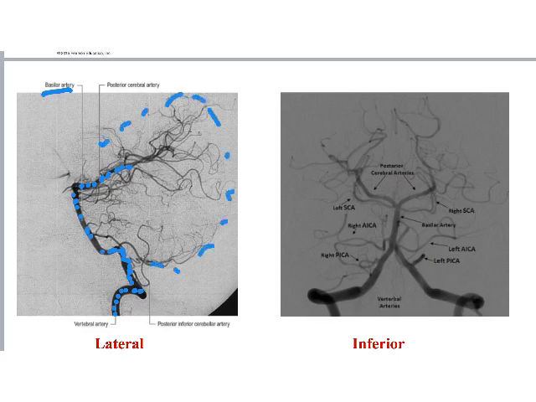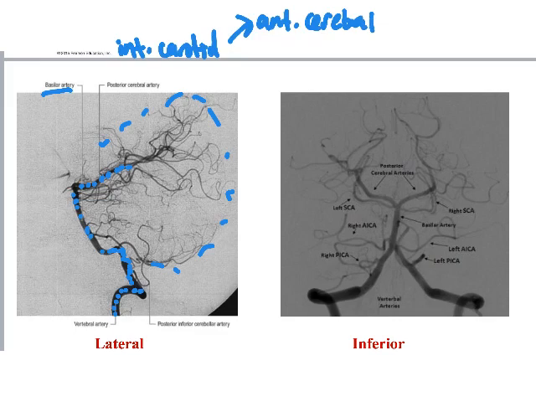All right, so I hope this doesn't sound too confusing. Right now, what we've learned is that the internal carotid eventually splits into anterior cerebral and middle cerebral, right?